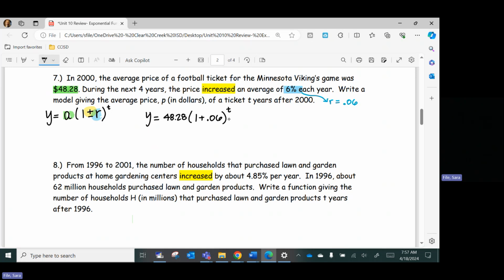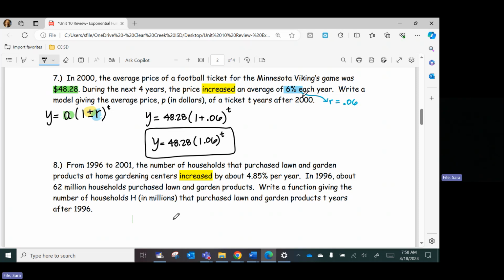Now you could leave it like this, or you could go ahead and simplify in those parentheses there. 1 plus 0.06 is 1.06. So that would be the equation that could be used. And like I said, if you wanted to know the price in 2002, you'd plug in a 2 for T because T represents the years since 2000.